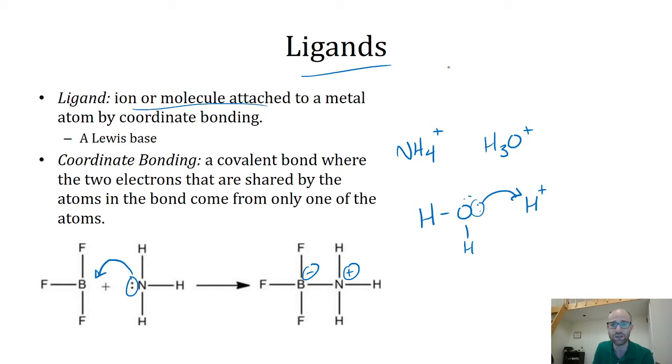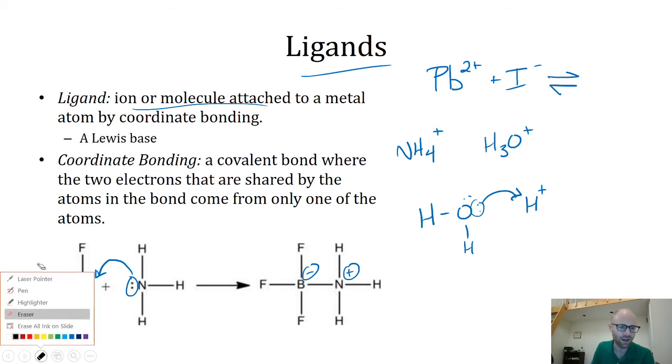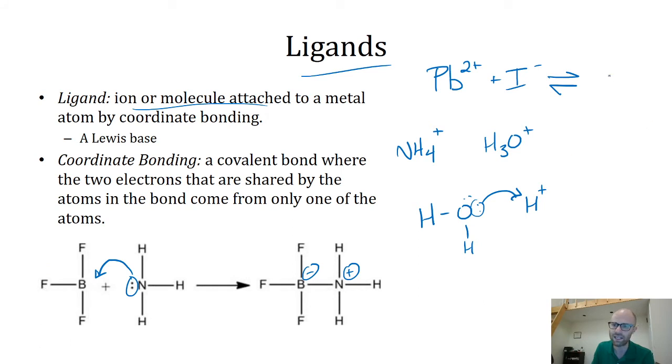So instead of H, maybe we remember a couple chapters ago, again chapter 6, we have these iodide ions that we're attaching to lead ions. These metal ions attach to non-metal ions, and remember that they're always in equilibrium.